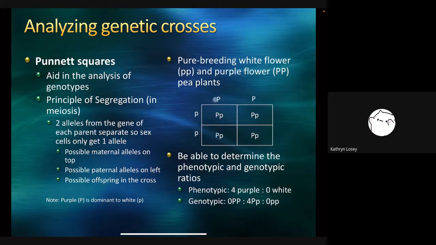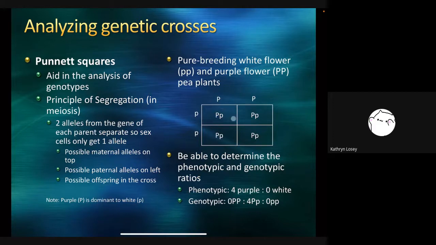If you have a pure breeding dominant and a pure breeding recessive, the only genotypic option for the offspring is heterozygous. All of these would be purple flowered pea plants, because purple is dominant to white and these are all heterozygotes. So be able to determine the genotypic and phenotypic ratios for a cross like this.